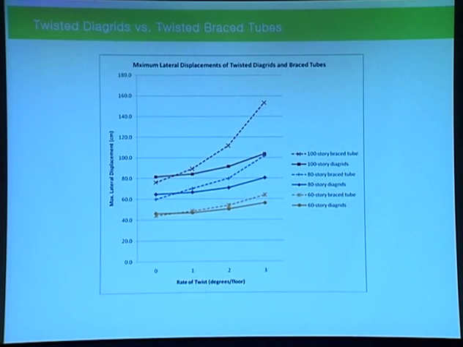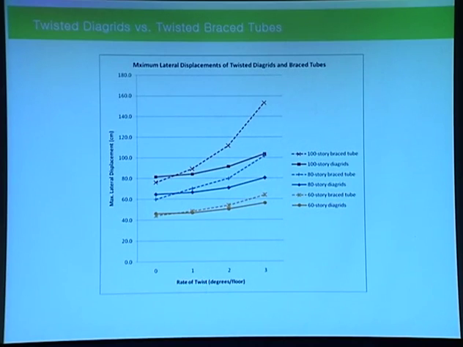But if you see this, I'm not sure why this pointer is not working well, but if you compare this diagrid, which is the solid line, versus the dotted line of the brace tube case, it is much more sensitive in terms of lateral stiffness reduction depending on the building height, which is related to the geometric configuration of these two different structural systems.